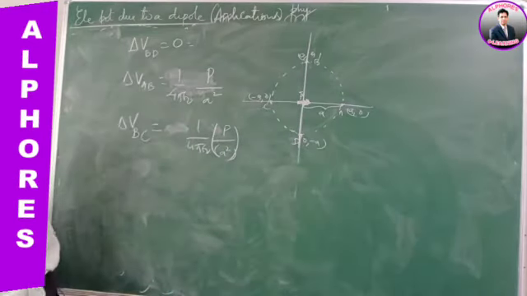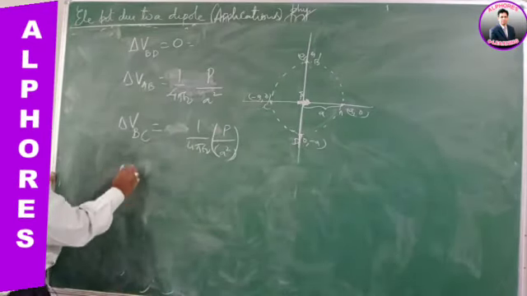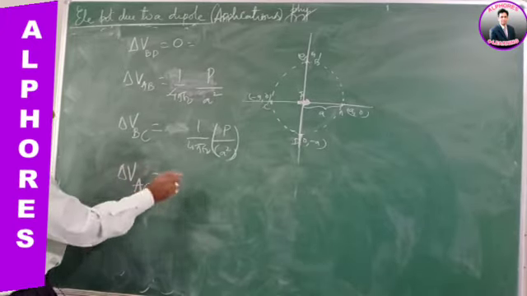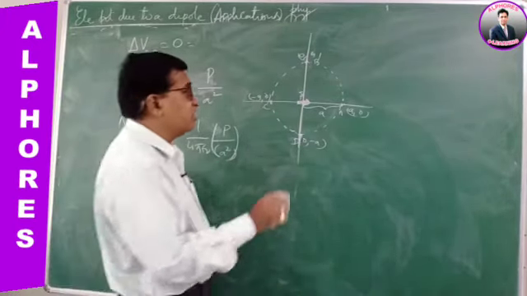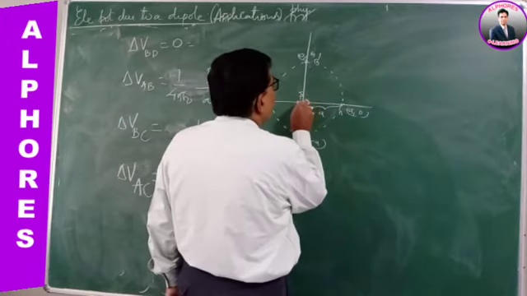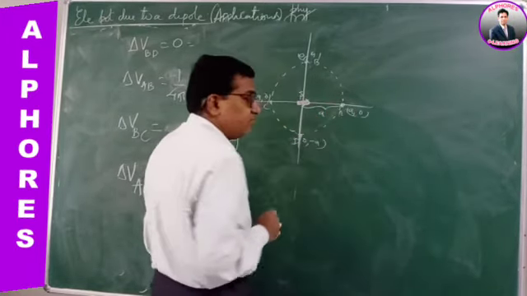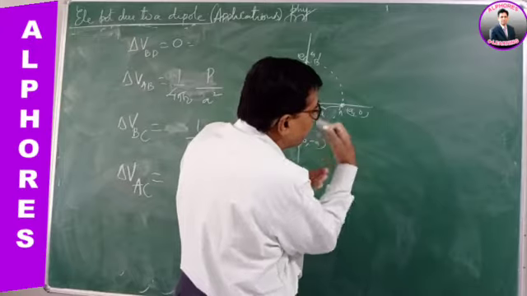Suppose he is asking you to find the potential difference between A and C. Well, this is an important question. I was telling you, if I take a point which is nearer to the positive charge, the potential is positive.